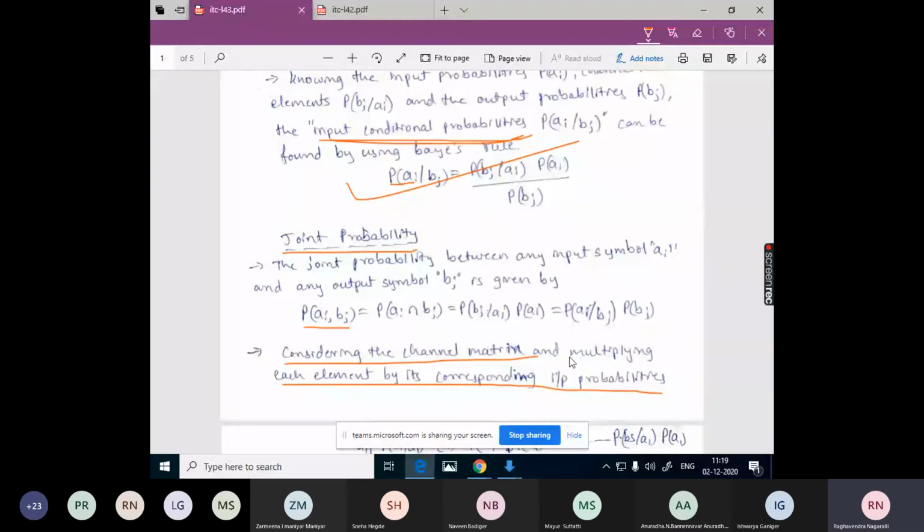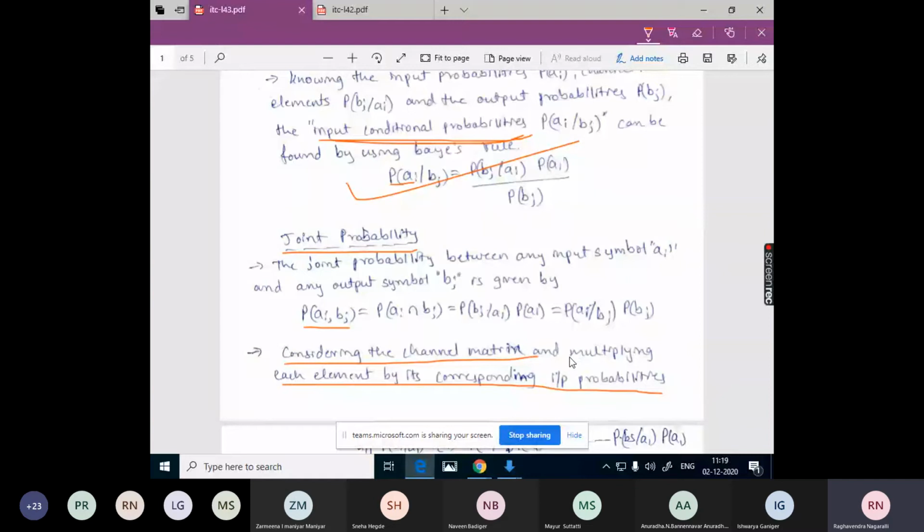So P of B3 is equal to 5 by 18. Adding these two and sending the value to the right side, this becomes 1 minus the addition of these two numbers, which will give you 5 by 18. So we can fill the answer here. It is 5 by 18.